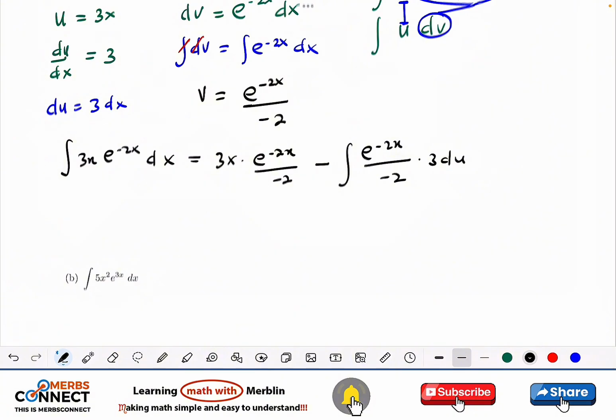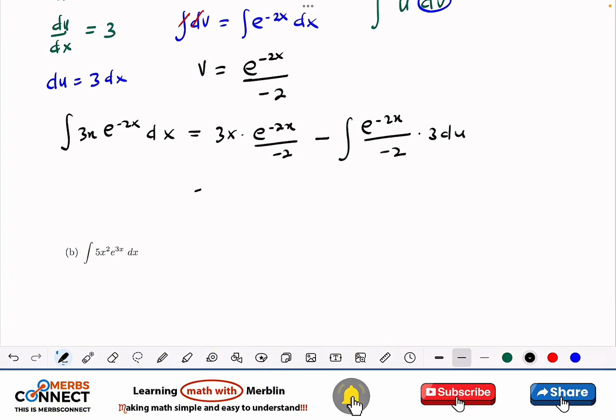This is kind of interesting. What we need to do is simplify that, and we are done.